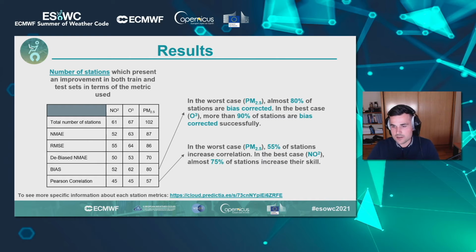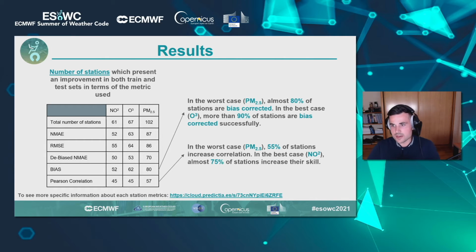So we are showing a table where you can get information about the total number of stations for each variable. You can see that there are 61 valid stations for the NO2, 67 valid stations for the O3, and 102 valid stations for the PM2.5.